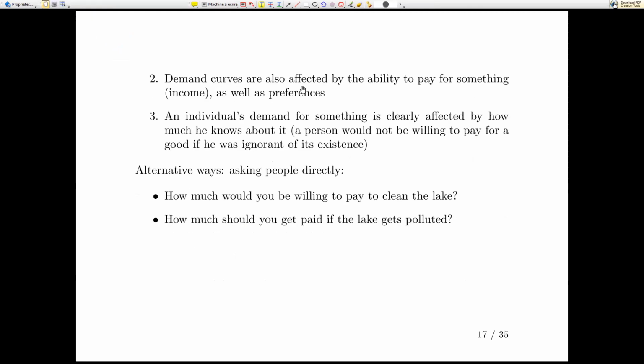Also, of course, demand curves are affected by the ability to pay for something, as well as preferences. And that is something that makes it tricky also. So if you think about healthcare, for instance, should people pay for their healthcare or not?